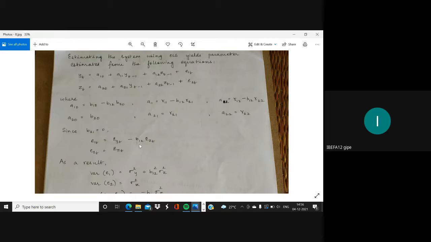But since epsilon yt does not appear in the zt equation at all, if there's a 1 unit change to epsilon yt, it's not going to affect zt, and the instantaneous impact of epsilon yt on zt will be 0. There will be no change in zt instantaneously. Later on, it might affect it through this lag term, but the instantaneous impact itself will be 0.